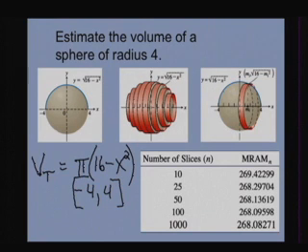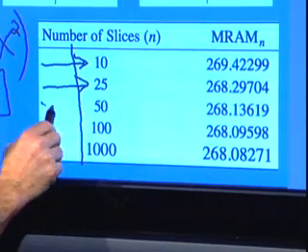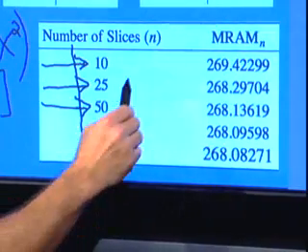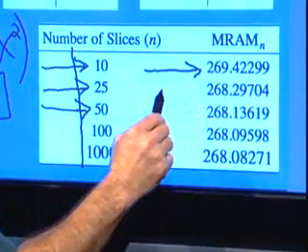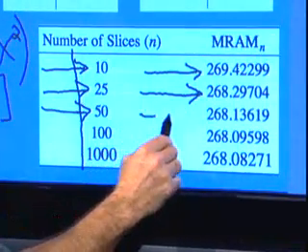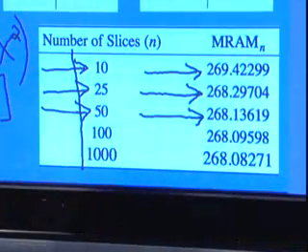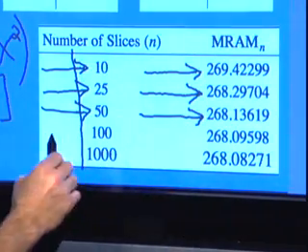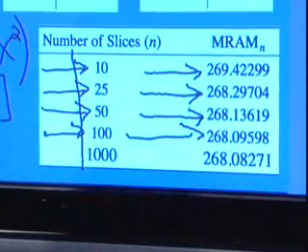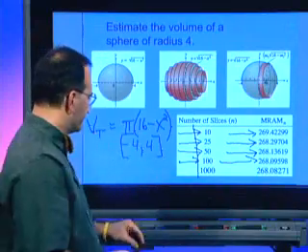And so looking over here now, what I want to point out is, as you increase the number of slices from 10 to 25 to 50, the approximation for 25 gets a little bit better than for 10, and then notice for 50 it's even a little bit better. And as the number of slices increases, the approximation gets better and better.